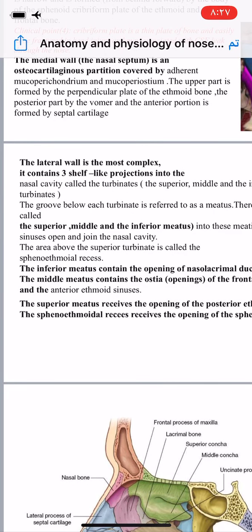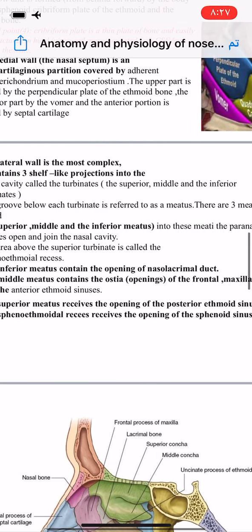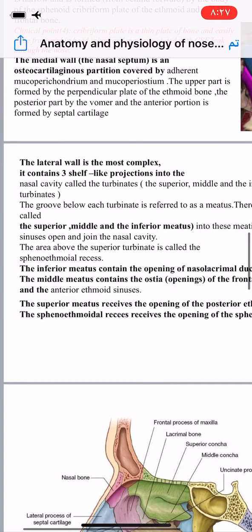The lateral wall of the nose is complex, and it contains shelf-like projections that lie into the nasal cavity, called turbinates or conchae: the superior, the middle, and the inferior.